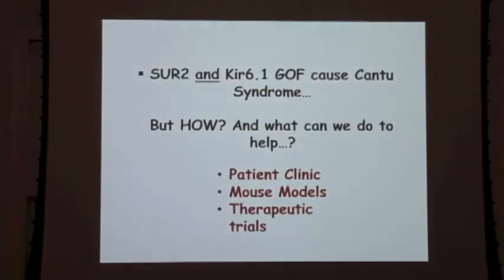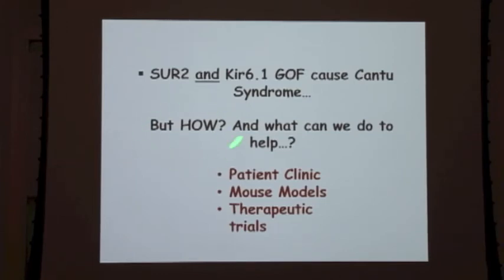Okay, so I think this all shows that SUR2 and Kir6.1 are causing Cantu syndrome, but how is not clear. I gave you that long list of features, and I challenge any of you to give me a good explanation for more than one of them from a gain of K-channel function.